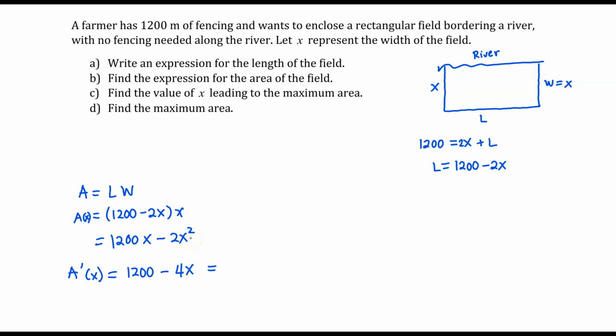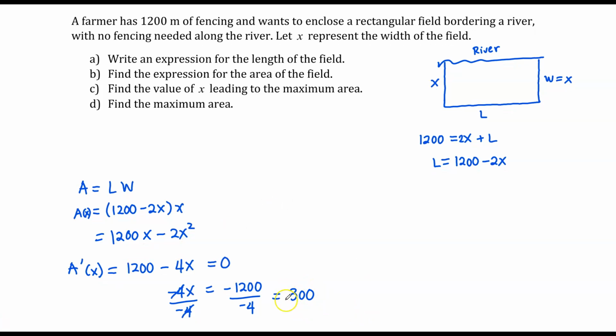Then you equate this to 0 and solve for X. So to solve for X here, we will transpose that on the other side of the equation. That becomes negative 1,200, and then divide both sides by negative 4. So negative 1,200 divided by negative 4 is 300.